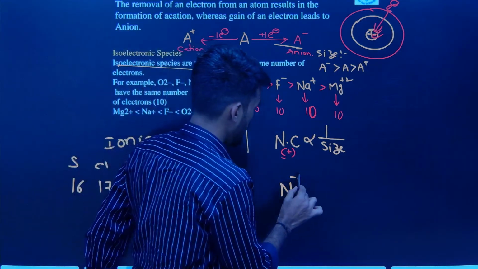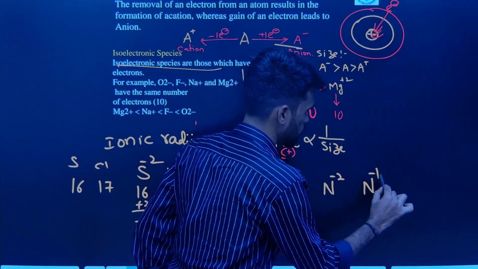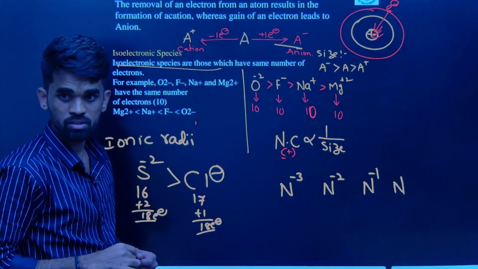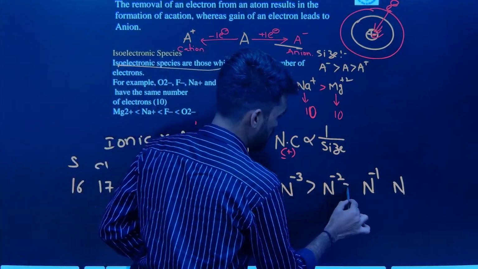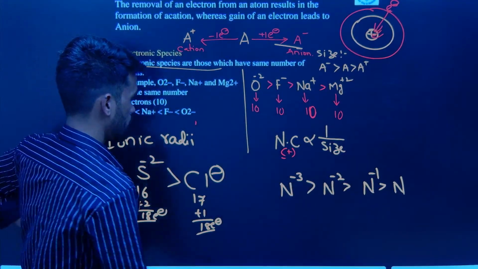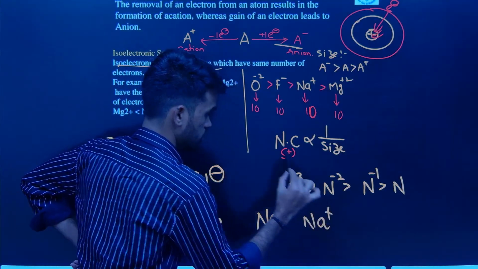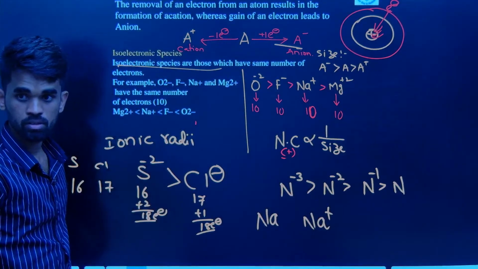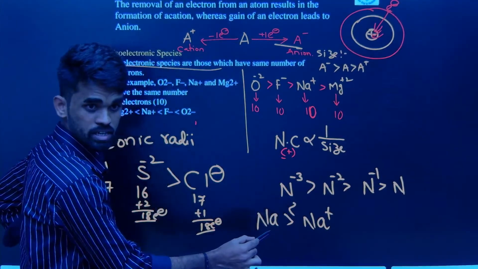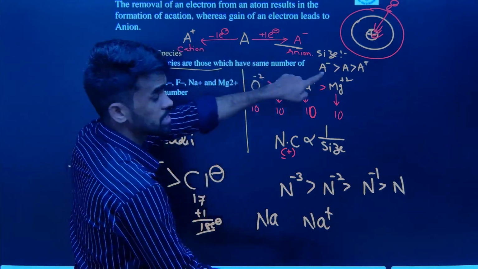Now tell me, n minus 3, n minus 2, n minus 1, n. So tell me what is their size order? Very basic. Like this or like this? First case or second case? Clear. Already discussed here.